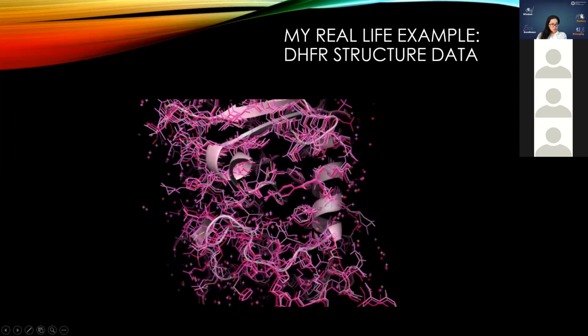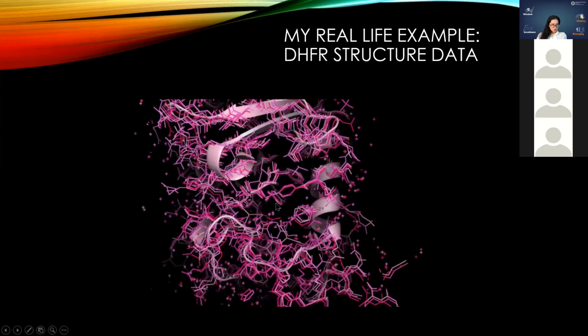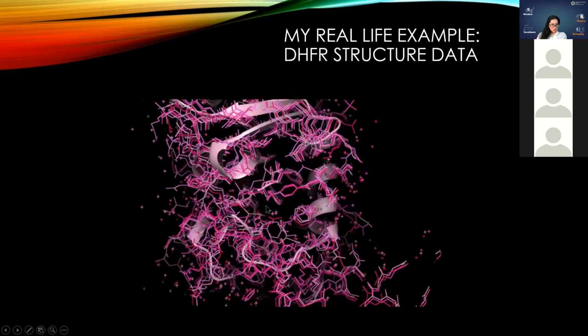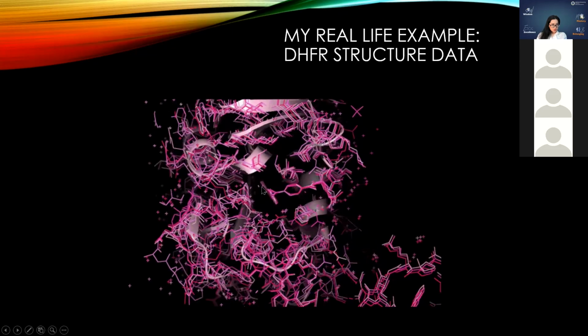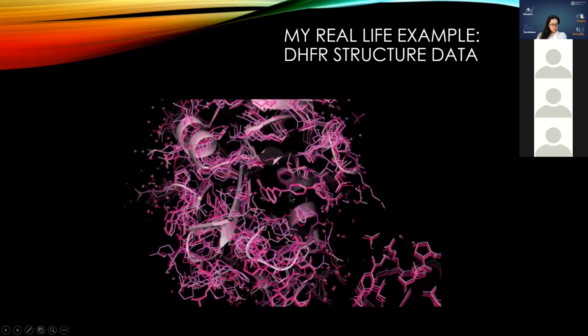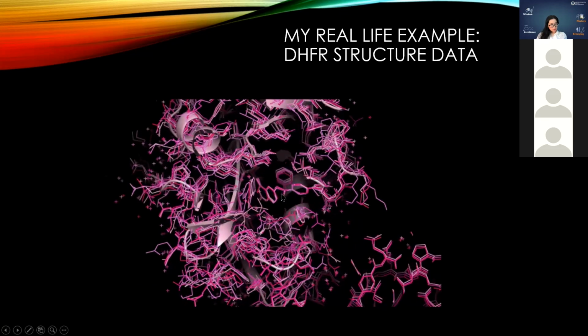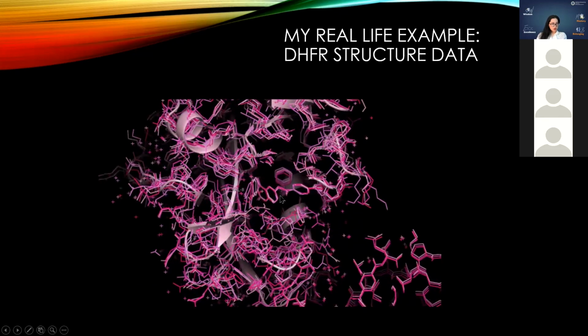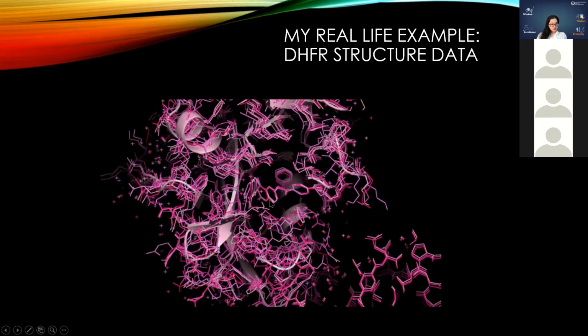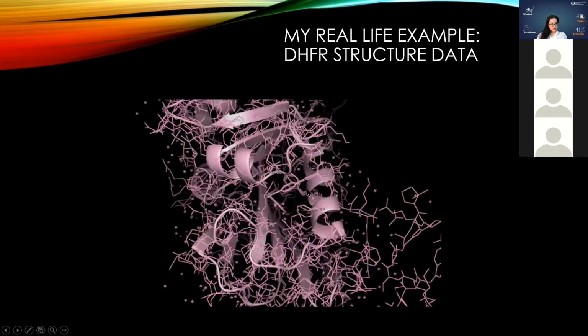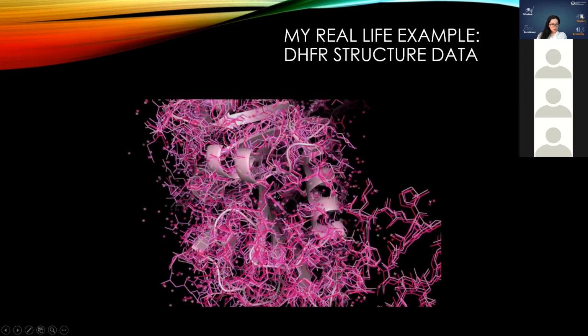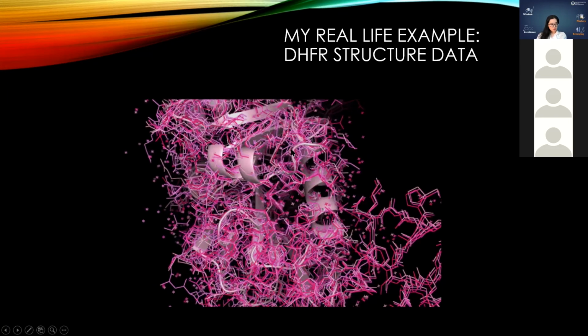The drug molecule is very well superposed inside the pocket. So the research question that I have is how to design a better methotrexate, or how to design a better drug molecule if I am given a large number of structures.